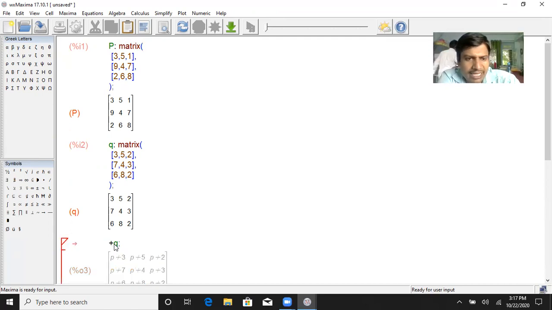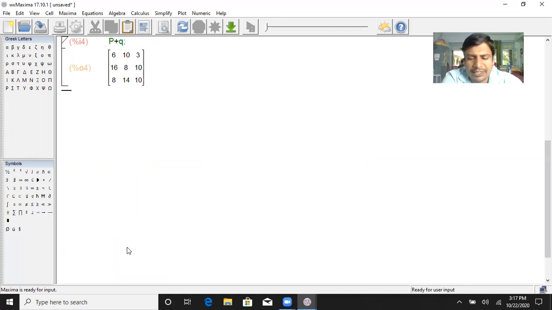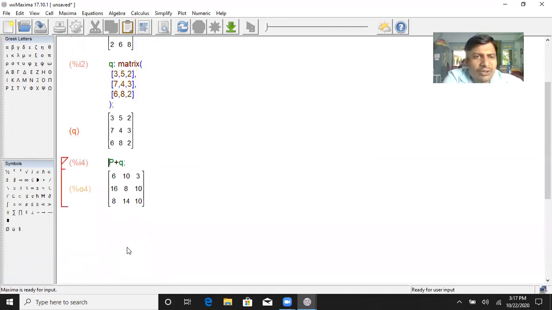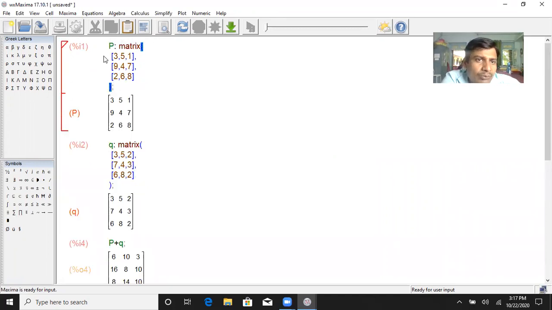That is the mistake. Capital P is equal to this matrix and small q is equal to this matrix. Then you type capital P plus small q, then a semicolon. Take both capital or both small.